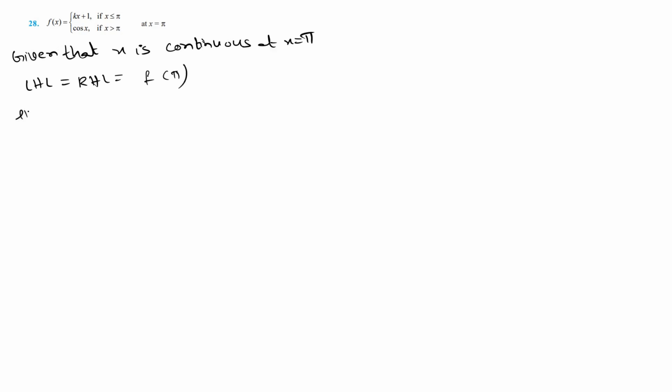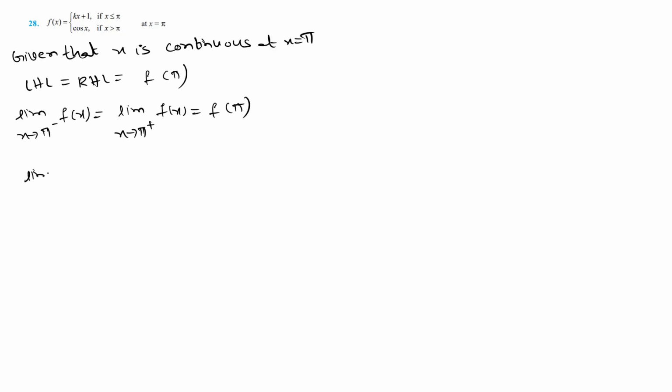So LHL is limit x tends to pi minus f of x is equal to limit x tends to pi plus f of x is equal to f of pi. Pi minus means less than pi, so we take kx plus 1.